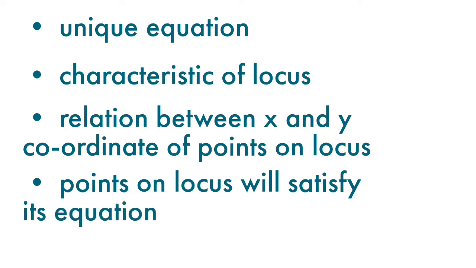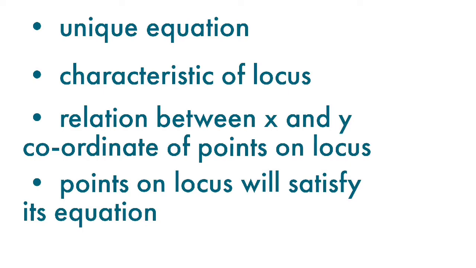Now whatever points are on the locus, that point will satisfy the equation of locus. Now, what do we mean by equation? Nothing but a simple expression where an equality sign is involved and we will have two variables x and y. These x and y variables will define the points of that locus, okay? The relation that these points have with each other. Now this is known as equation of locus.